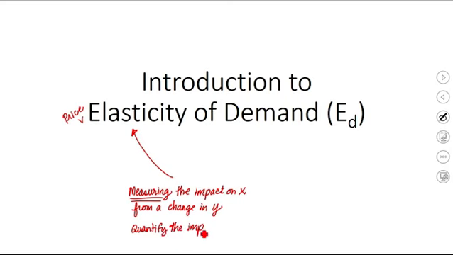So that means when we're looking at elasticities, we have to do a little math, because this is going to be a quantification, not just a qualitative relationship. So we're not saying, hey, it makes X go up or it makes X go down. We're going to say it makes X go up by 10%, by 15%, by 20%. So we're going to use some numbers, okay? But I don't think you're going to find it very difficult. The math is very simple.